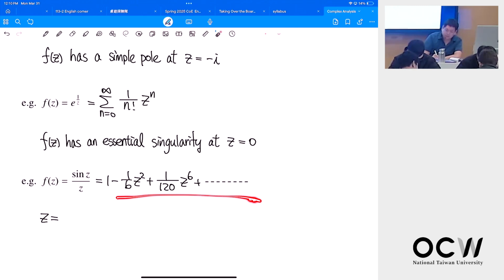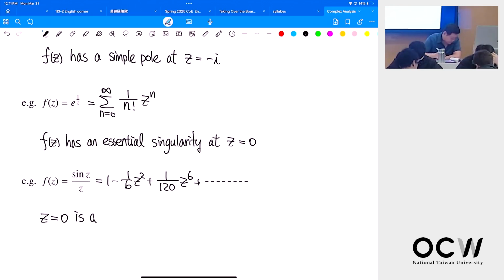Even though we think this one maybe has a singular point at 0, actually there's no z in the denominator. We say this is a removable singularity of your function f of z.